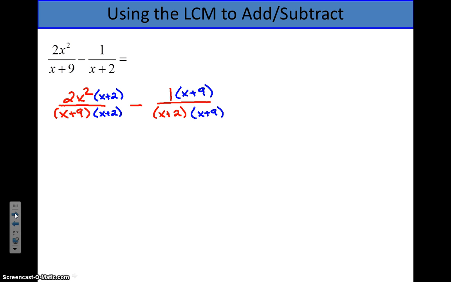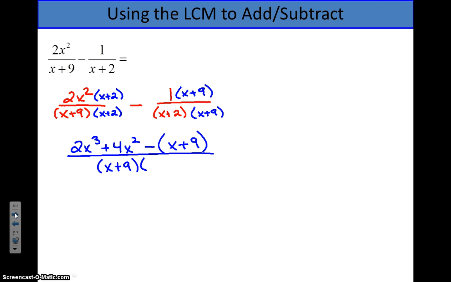So now what that gives me, if I distribute, I have 2x cubed plus 4x squared minus, and notice I'm going to put this in parentheses here because I'm subtracting this whole polynomial up on the top. I'm going to subtract x plus 9. And all of that is over my least common denominator of x plus 9 times x plus 2.